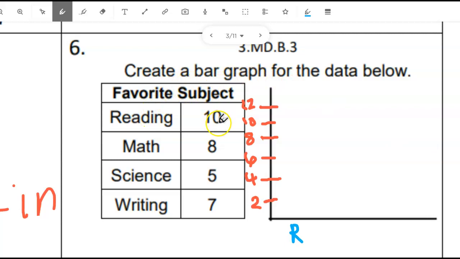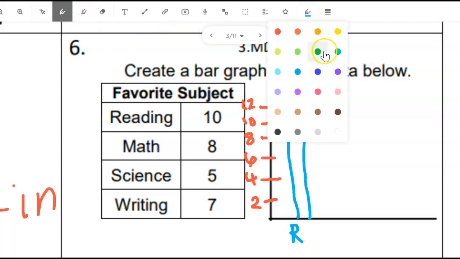How many students' favorite subject is reading? 10. So we're going to find 10, draw a line, and draw a bar all the way down to reading. It doesn't have to be perfect. That's why we're using different colors.